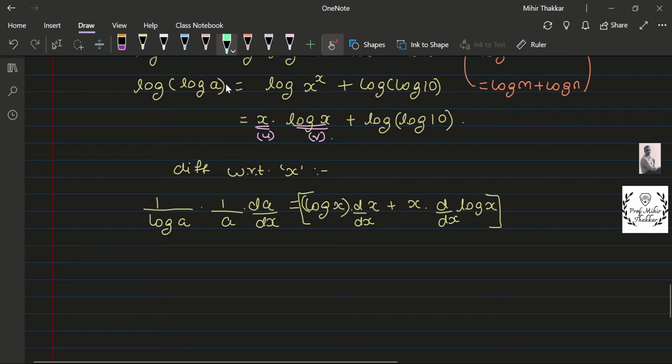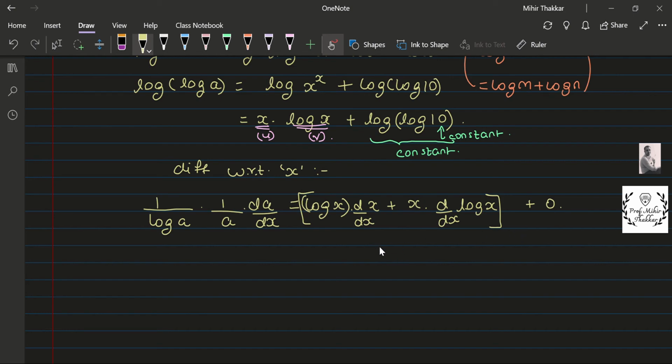Now let us discuss about the second term. This 10 is a constant number, and therefore this entire term over here becomes a constant. And we know that derivative of a constant is 0, so I get just a 0 over here, and we can ignore that from the next step onwards.